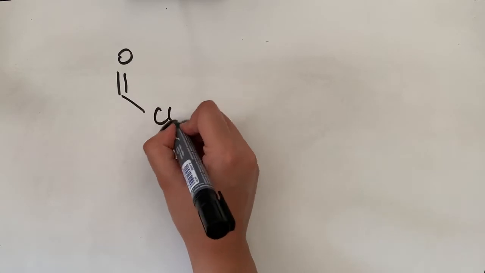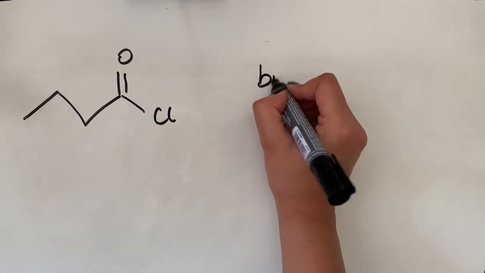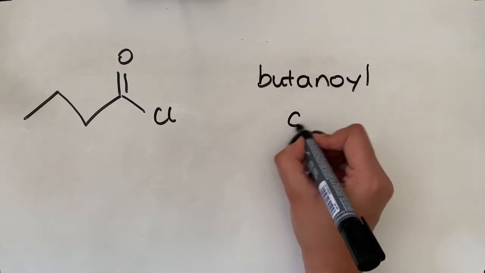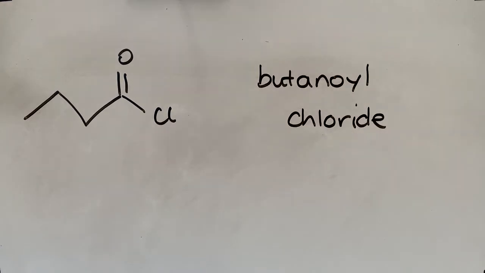Let's just have a look at a slightly longer carbon chain. Like that. So count the number of carbons: 1, 2, 3, 4. So this one here is called butanoyl chloride, like that.